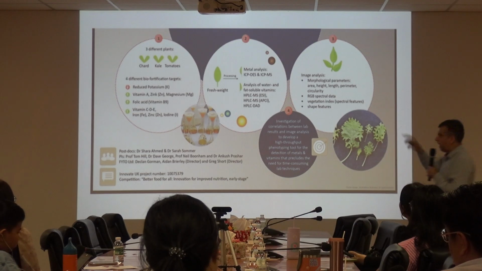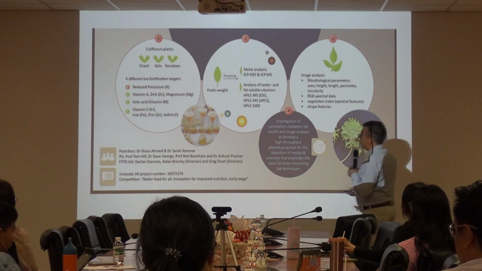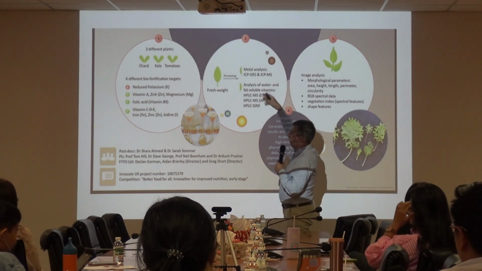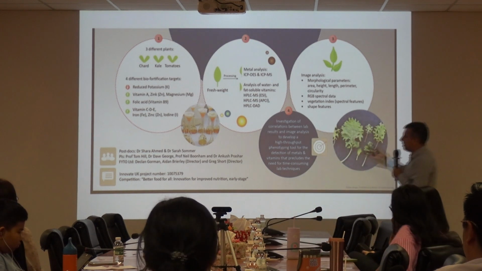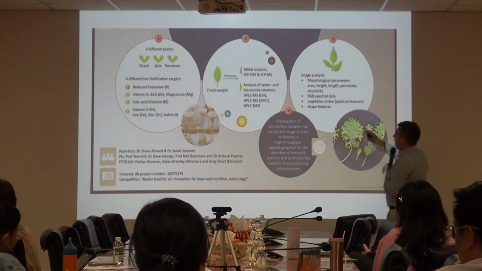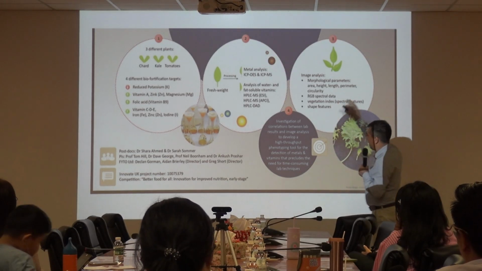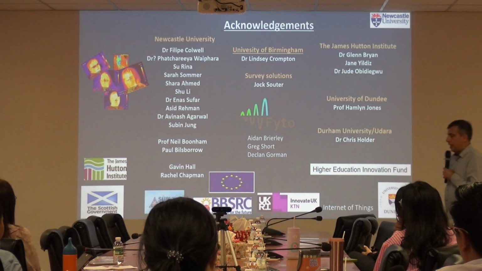So we're trying to do that in this project, using many different approaches, for example ICP-OES and HPLC analysis. We're linking the data sets so we can link them with machine learning approaches, using RGB or hyperspectral data sets. That's what we're doing. Next one. Yeah, I'm going to stop here.